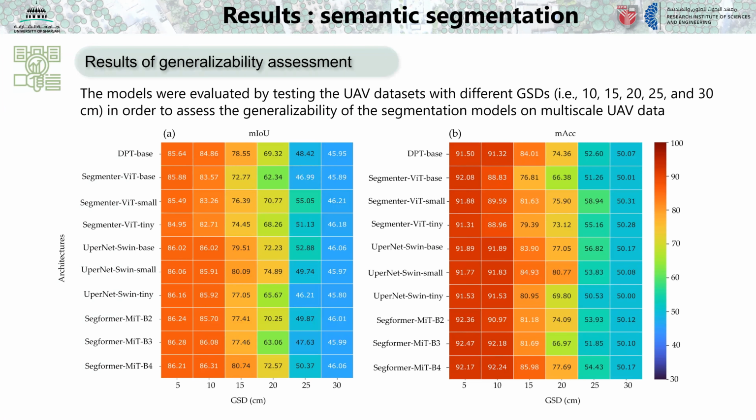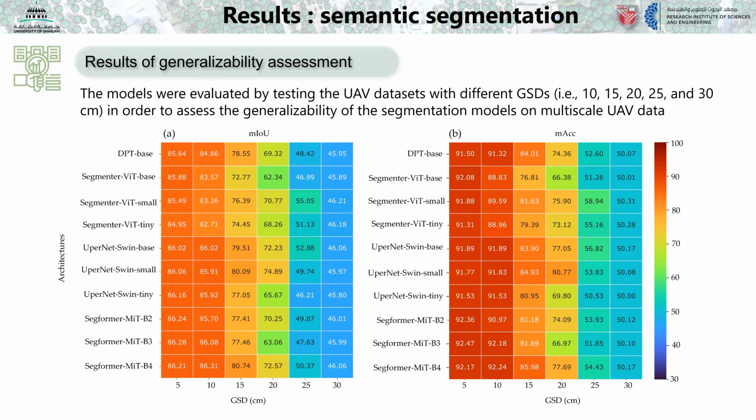In terms of generalizability, it's very essential to know the capabilities of the model. Of course, as the spatial resolution of the data decreases, the accuracy will decline as well. On the left side, on the x-axis, we can see the spatial resolution of the data, from 5 to 30 centimeters, and on the y-axis we have different architectures.